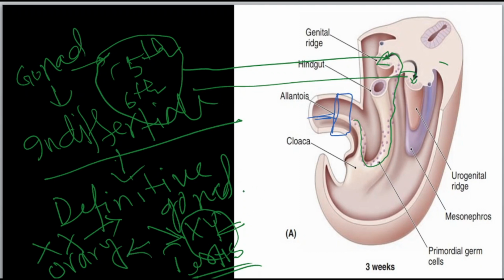Up to the 7th to 8th week, it waits, as the Y chromosome has the testis determining factor, and if there is no Y, then development of the female gonad occurs. Next, if genetic sex is XY, what happens? If XX, what happens? We will learn about it in detail.